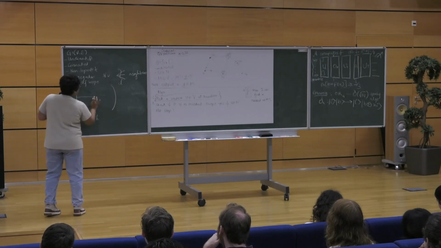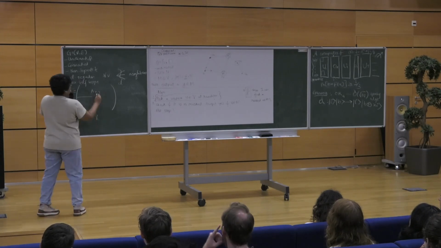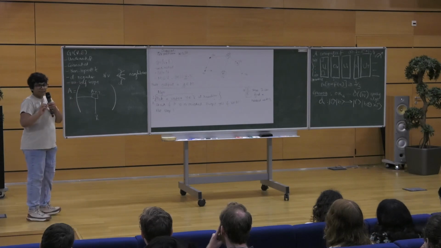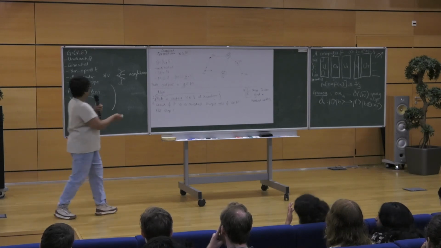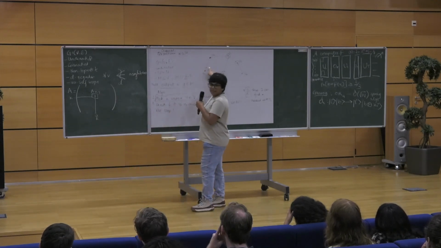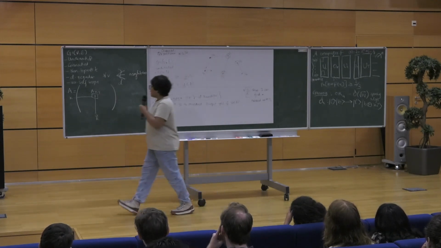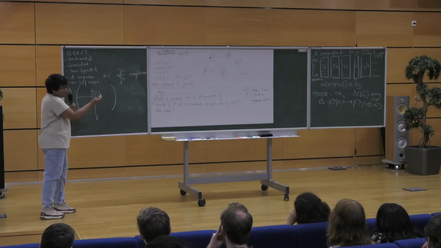So this entry, which is A of xy, contains 1 if my edge xy is present in the graph. So this entry here, for say V1, V2, will be 1.